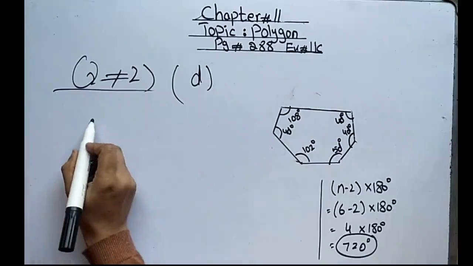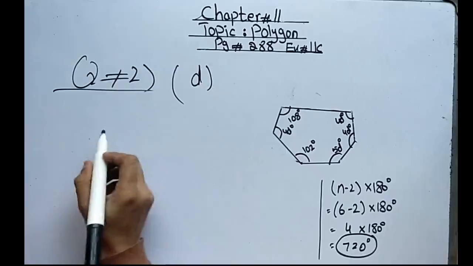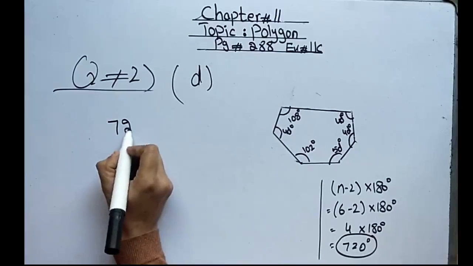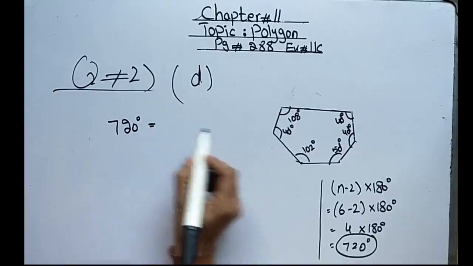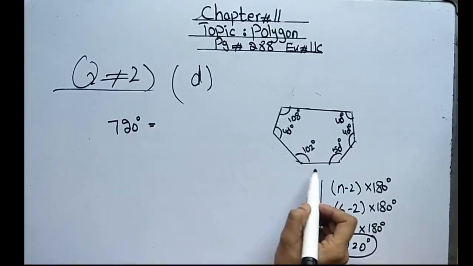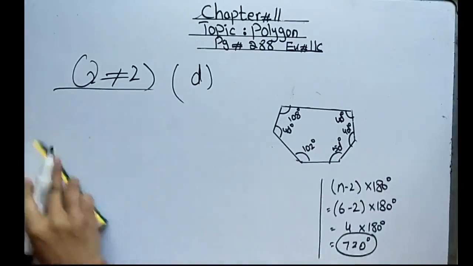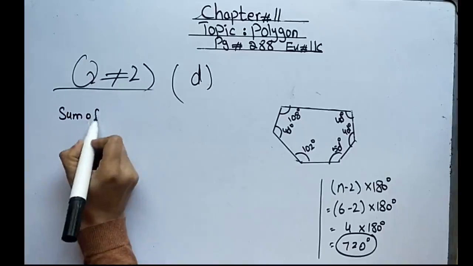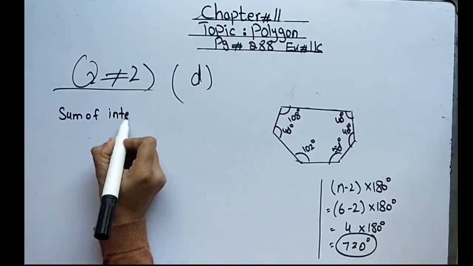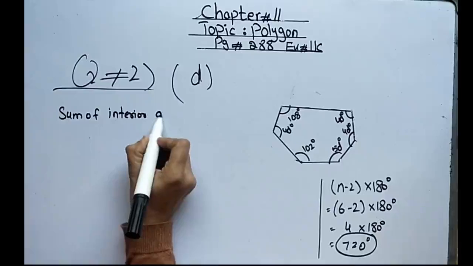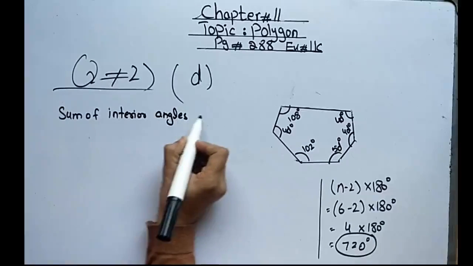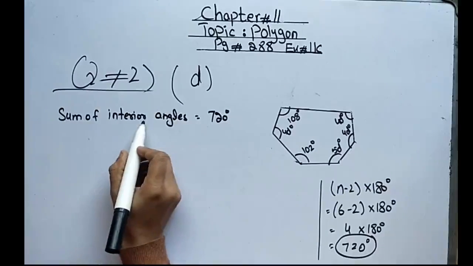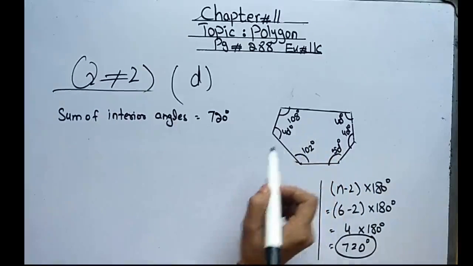So we will write here, the sum of interior angles of a hexagon is equal to 720 degrees. Sum of interior angles means we will add all the interior angles.